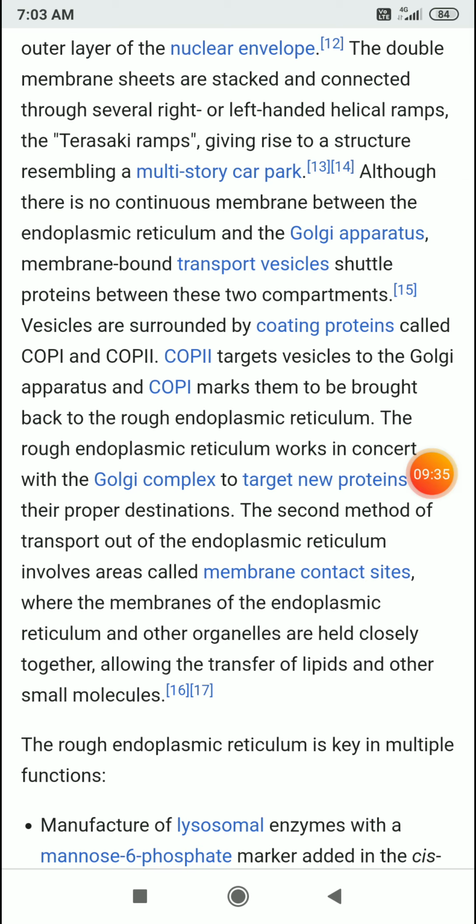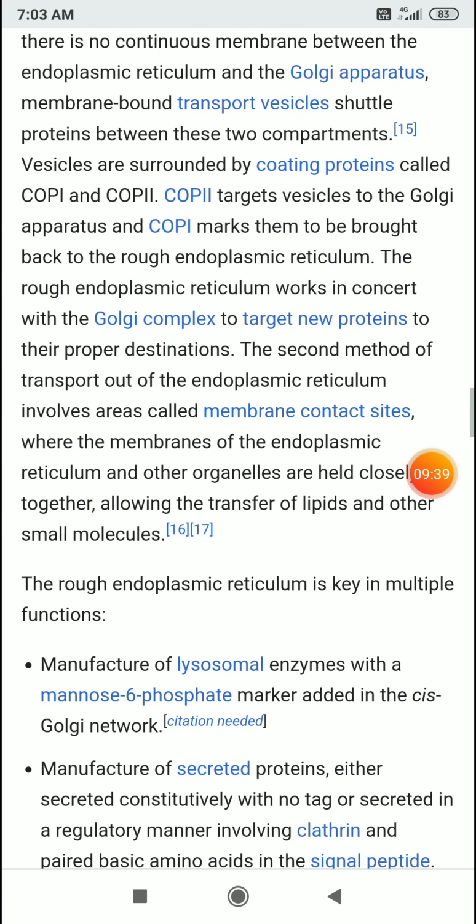The rough endoplasmic reticulum works in concert with the Golgi complex to target new proteins to their proper destination. The second method of transport out of the endoplasmic reticulum involves areas called membrane contact sites.